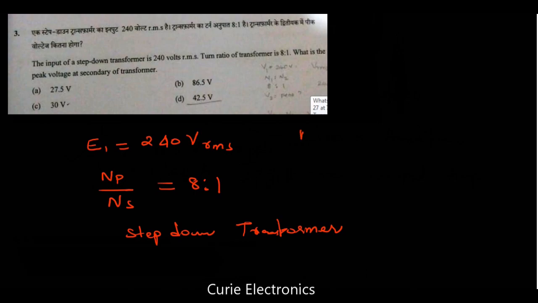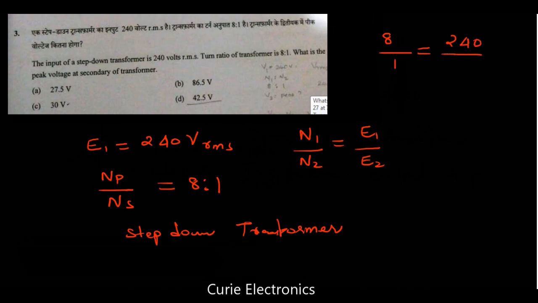So write the transformer turns ratio equation. N1 upon N2 equals E1 upon E2. So N1 equals 8, N2 equals 1, E1 equals 240 volt RMS.